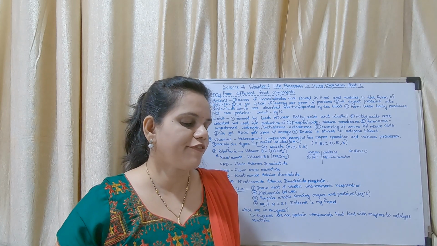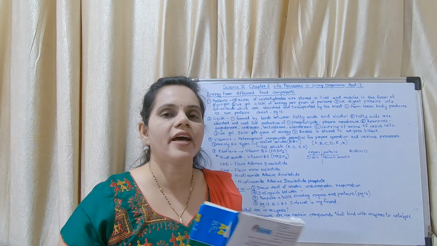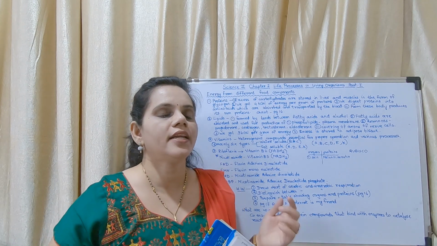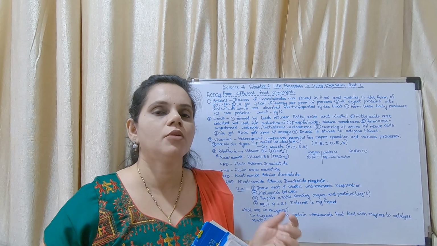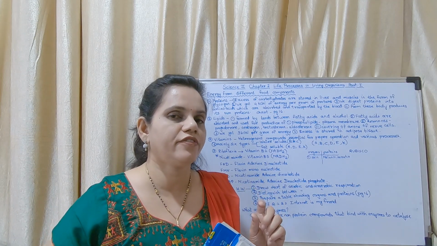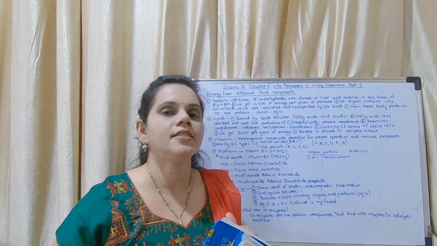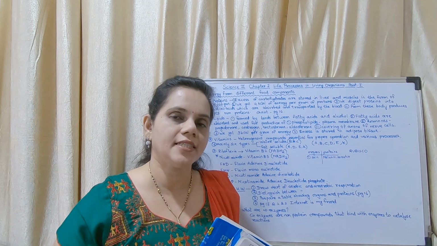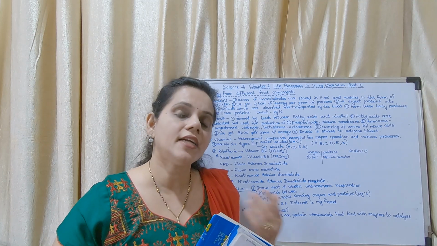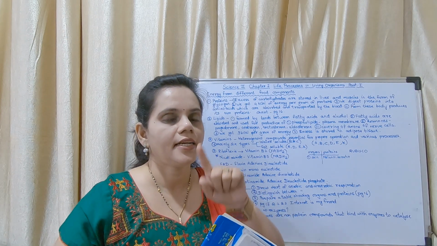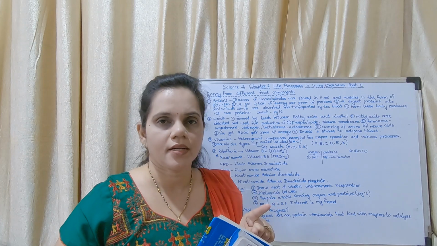Now the next is about fibers. Okay, so fibers, you might have heard about fibers nowadays. It is very important for the movement of the undigested food through the intestine. The food which we have eaten is digested in the stomach and in the intestine. The undigested food and whatever wastage is there has to move through the intestine.